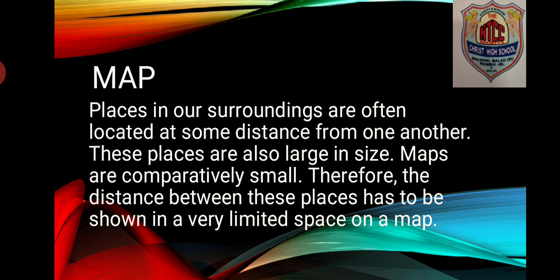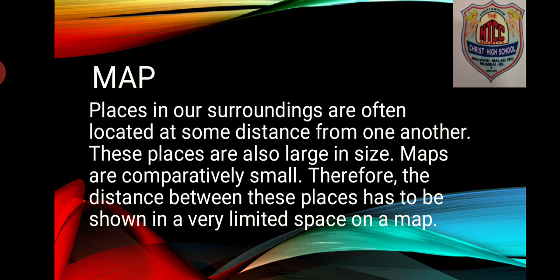Students, when we draw pictures of houses, mountains and people, we draw them to fit the size of the paper we are drawing on. It is the same while drawing maps. While drawing a map, the distance between two places on the ground has to be shown in such a way that it fits the paper.